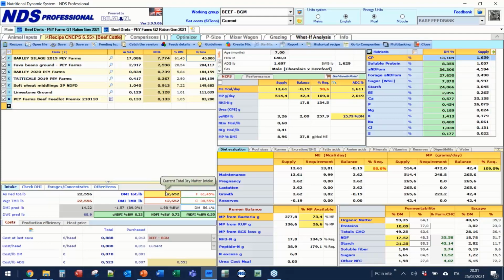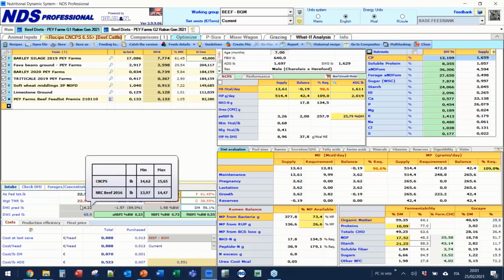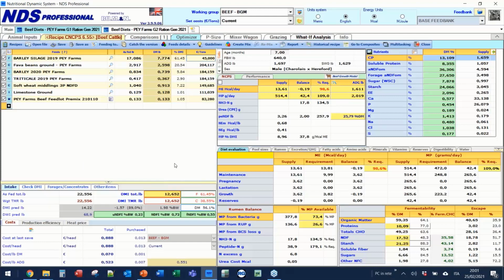It is critical to know the real dry matter intake of our groups, because sometimes the predicted intake doesn't describe properly the current one.